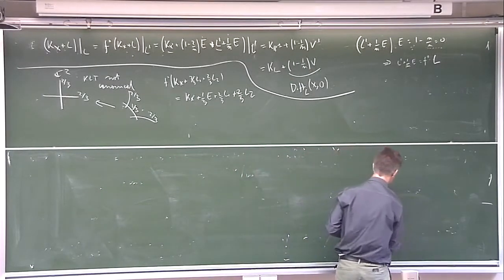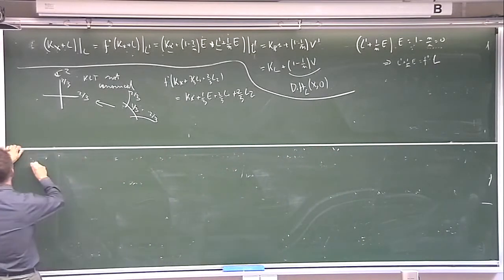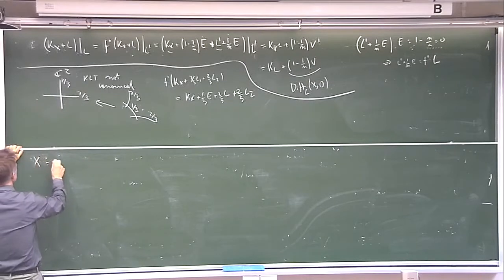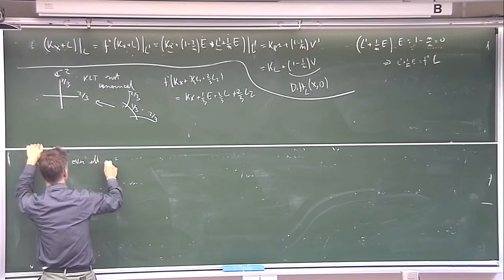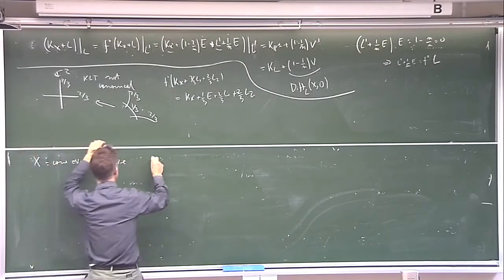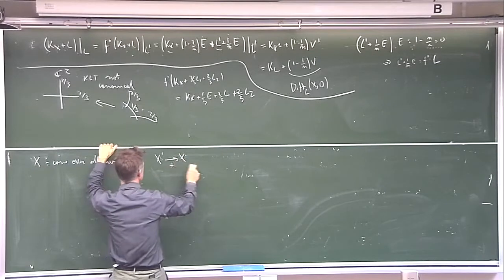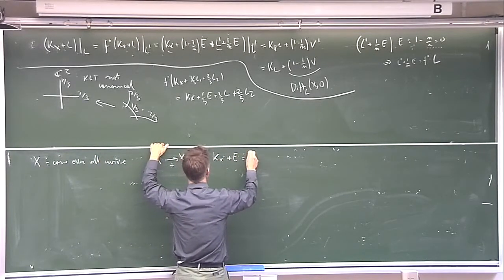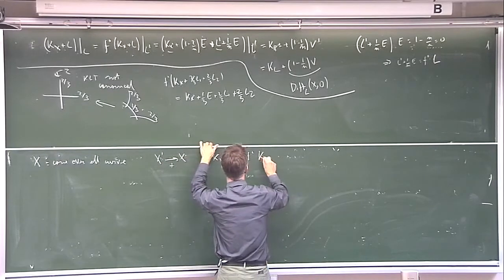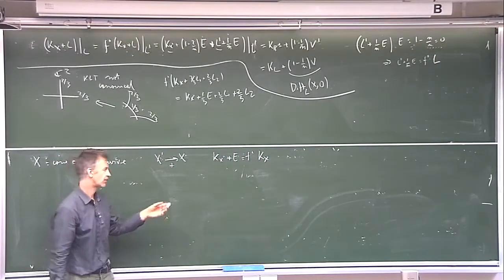And you do the same exact computation. Actually, it's slightly easier, but I won't get into why. So if X is a cone over an elliptic curve, and I take the resolution f: X' → X, then K_{X'} + E with coefficient 1 is the pullback of K_X. Well, I can check it very easily, right?